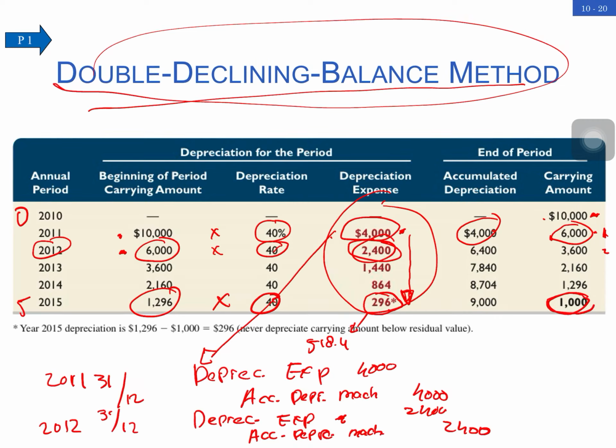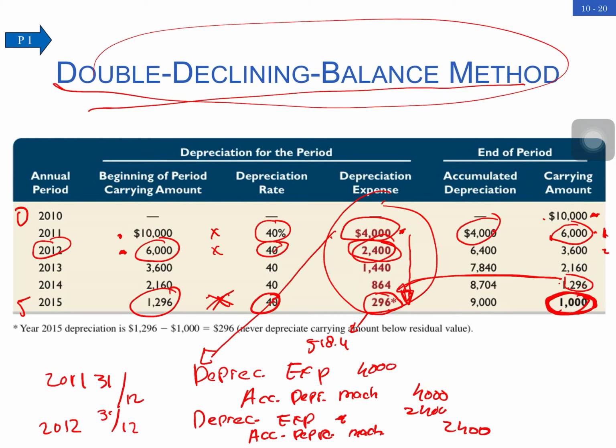Okay, we have to write this number first. This one is 1296, right? And this one has to be 1,000. That's why 296 will be depreciated. So you just write it here. You don't need to multiply this manually.